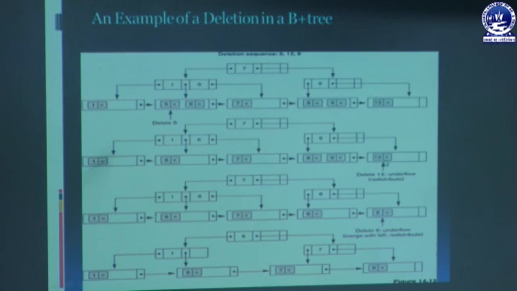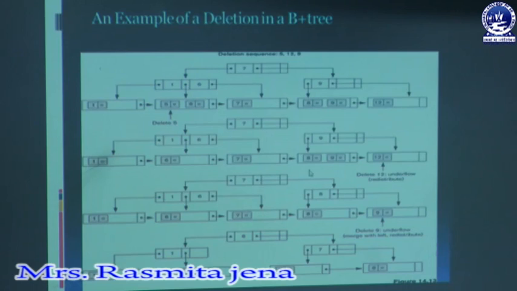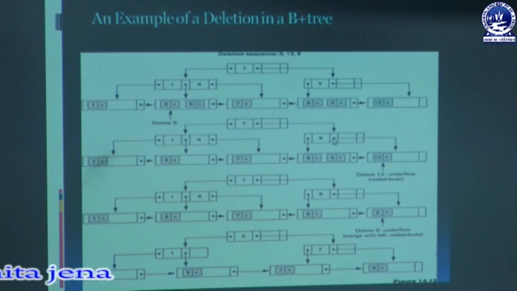That means 12 is the only key present in this node, and when we delete it, the node will underflow. After the underflow, the tree will form like this. That means 8 will be in this location and 9 will be in this location. This is the data pointer which is located at the leaf node.